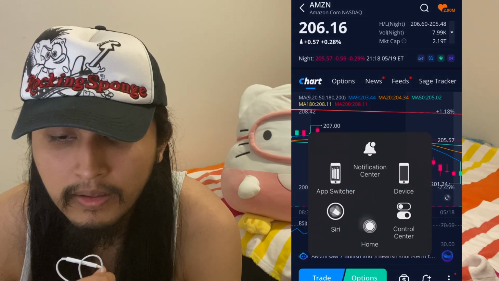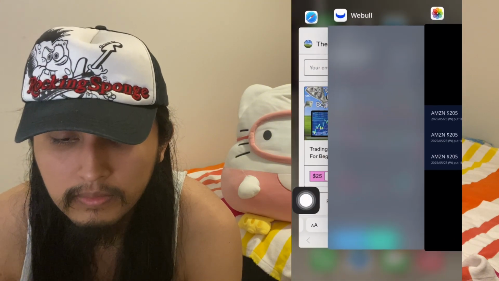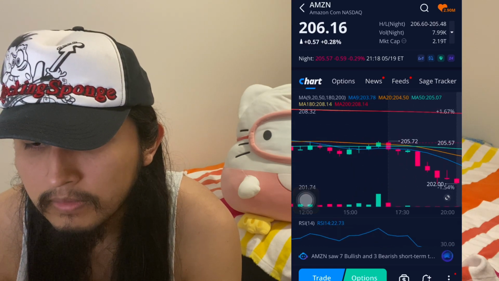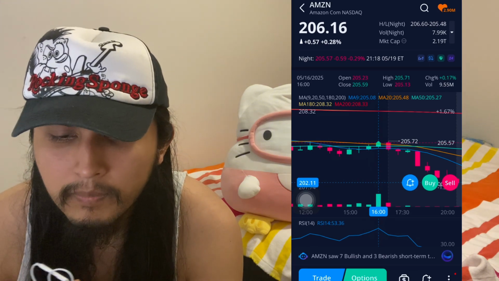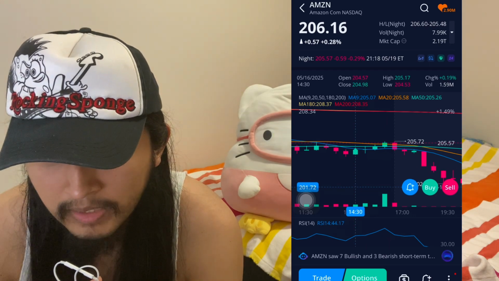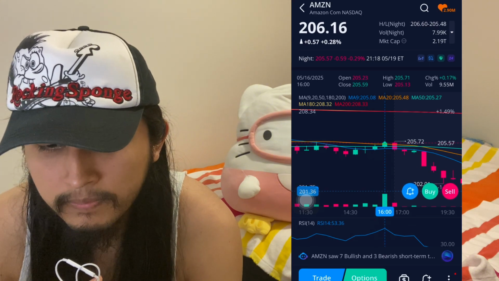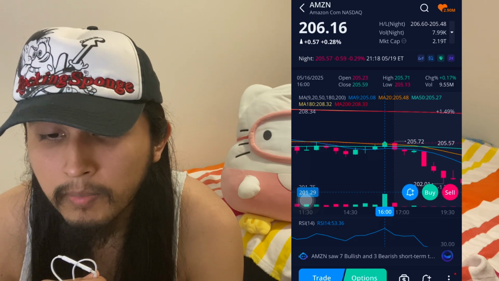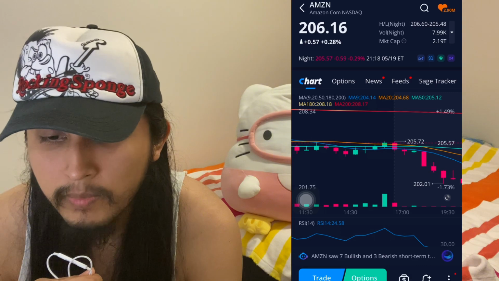And then at 15:56 that very same day, as soon as I saw that Amazon had broken above the 50-day moving average, I waited to see if Amazon could approach the 20-day moving average. That did happen, so I bought a couple more put options as soon as it approached the 20-day moving average.